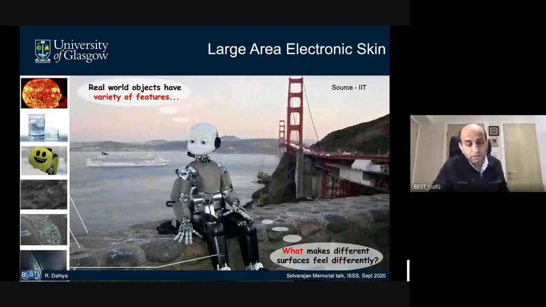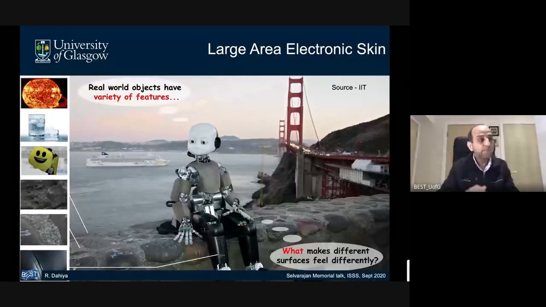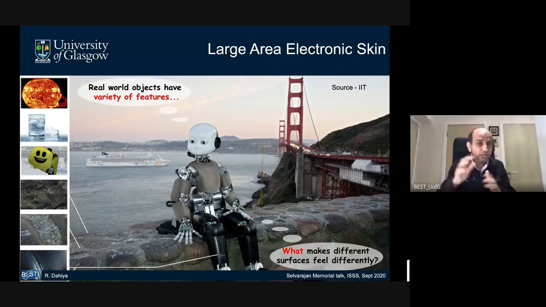Then we have to think about the large area. Skin is not unlike vision or video. Skin is not centralized, like you have two eyes or two ears. Skin is distributed all over the body. All the sensors are distributed. Electronics is distributed. And so you can see all these examples that I was highlighting: embedding in soft material, different types of sensors, distributed electronics, on planar or on flexible substrates.